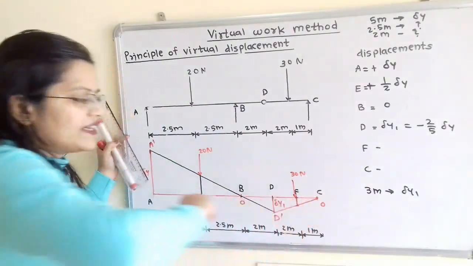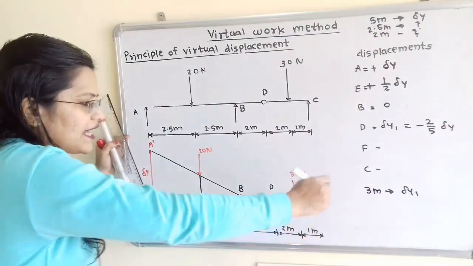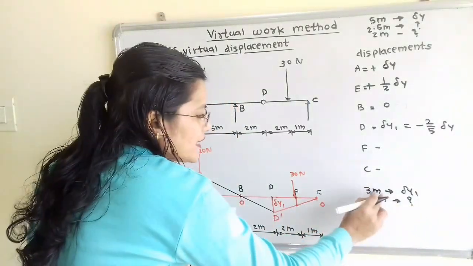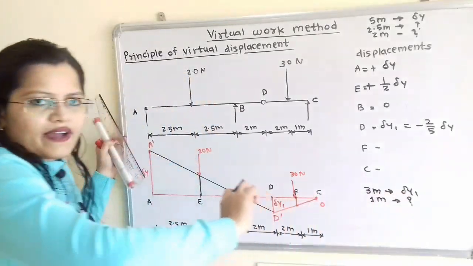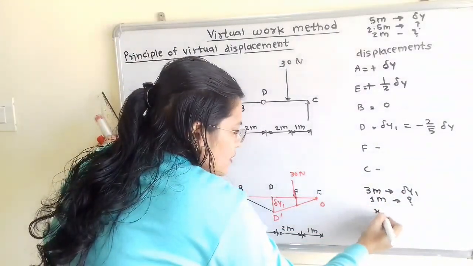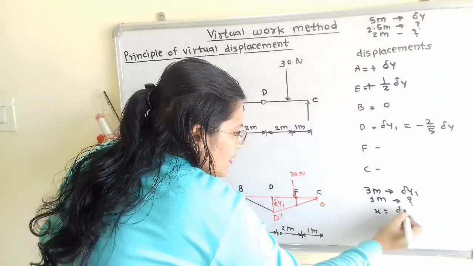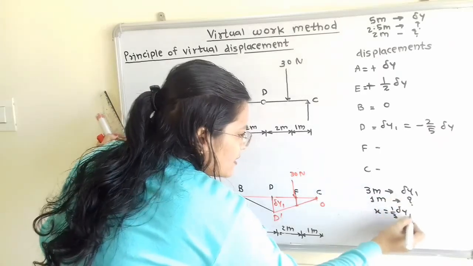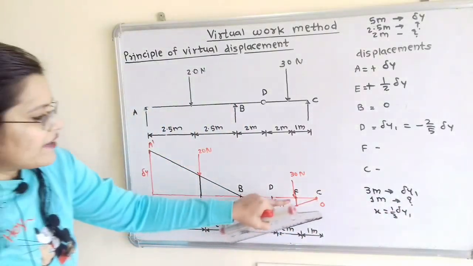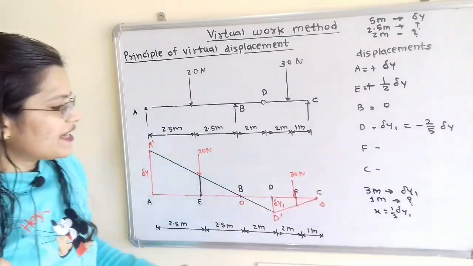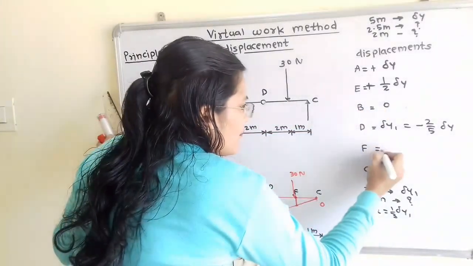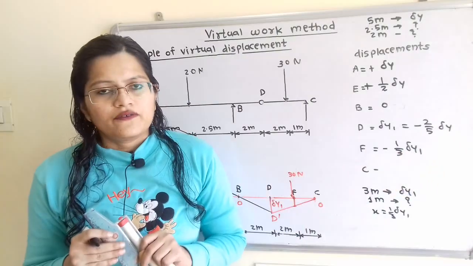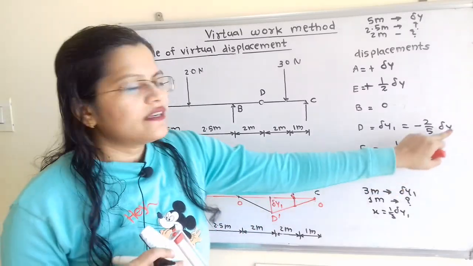Now this point F is placed from 0, it is placed at 1 meter length. So for 1 meter length, here is the question mark. So we can say that 3x is equal to delta y1. So x is equal to 1 by 3 delta y1. So displacement at F is equal to minus 1 by 3 delta y1. We can replace this delta y1 in terms of delta y.